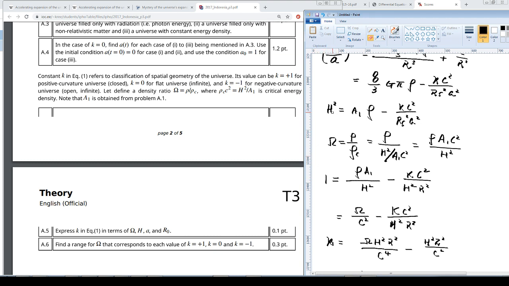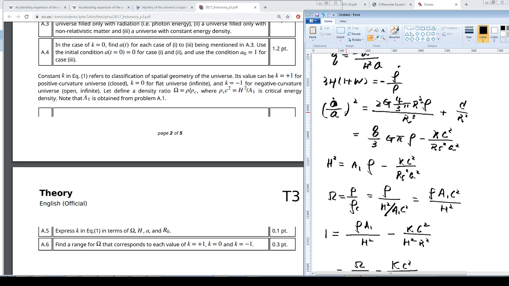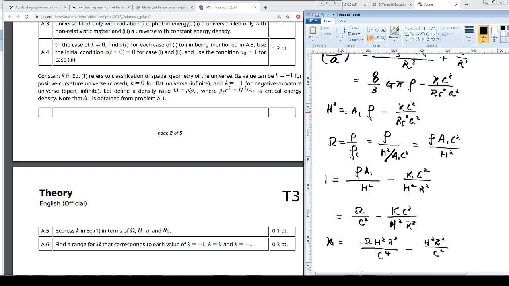But the original denominator of the second term has r squared a squared. Yeah, but that's just r squared, because r times a is r. But something is not right.